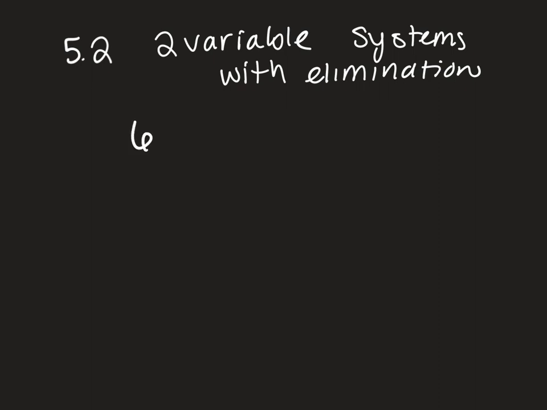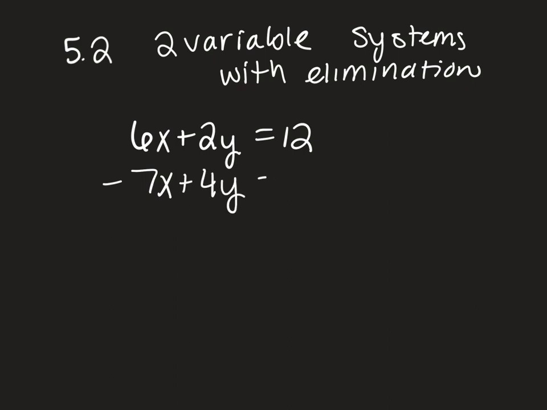But let's say we have 6x plus 2y equals 12, and negative 7x plus 4y equals 5. So, what variable should we get rid of? Y, right? What are we going to multiply by? Which equation? All right, so we need to multiply by negative 2. Good job.